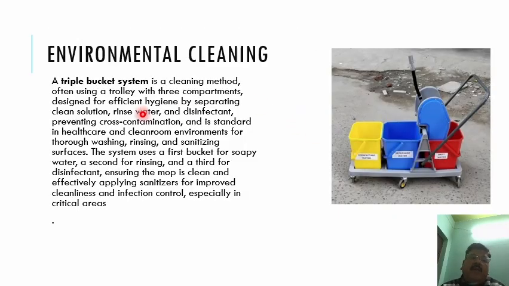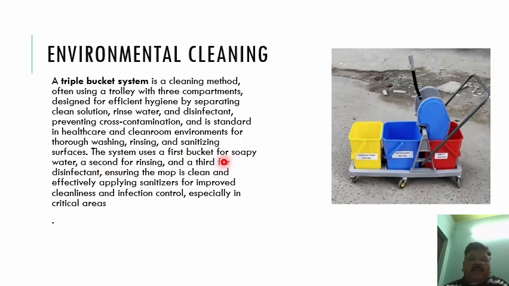Environmental cleaning. For environmental cleaning, the triple bucket system is the cleaning method, often used with a trolley with three compartments, as shown in the photograph. You can see here, it is designed for efficient hygiene by separating clean solution, rinse water and disinfectant, preventing cross contamination, and is a standard in healthcare and clean room environments for thorough washing, rinsing, and sanitizing surfaces.